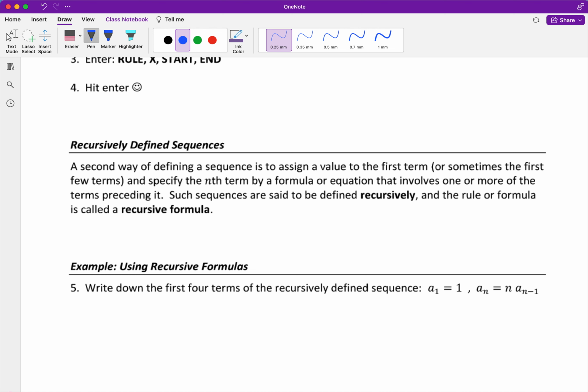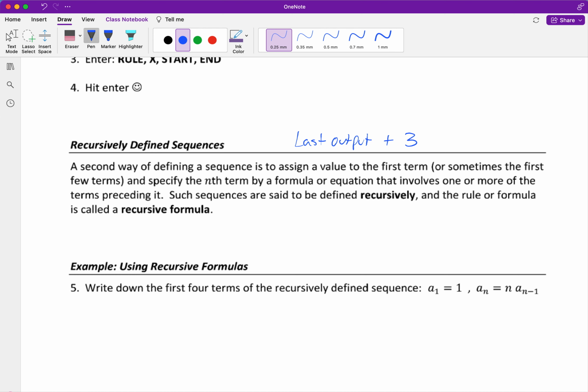And recursive, I don't know what the right word is, but this recursively defined thing, it's used a ton in programming and computers. And what it's basically saying is you use whatever your previous output was to help you determine what your next output would be. So let's just take, for example, I have some rule that says, hey, take your last answer, your last output, whatever that was, and just add 3 to it.